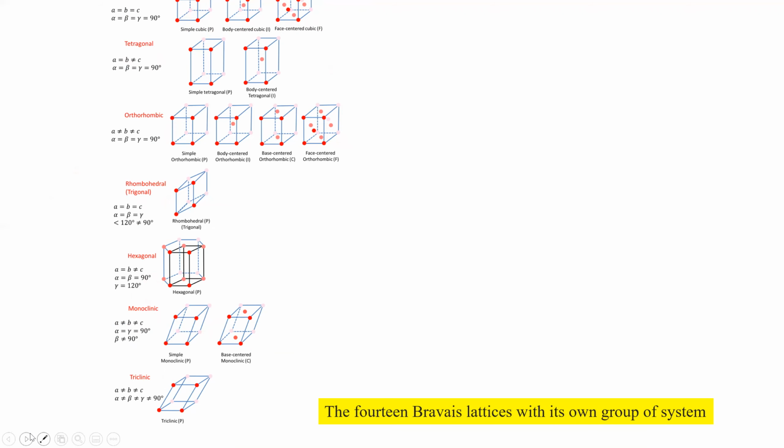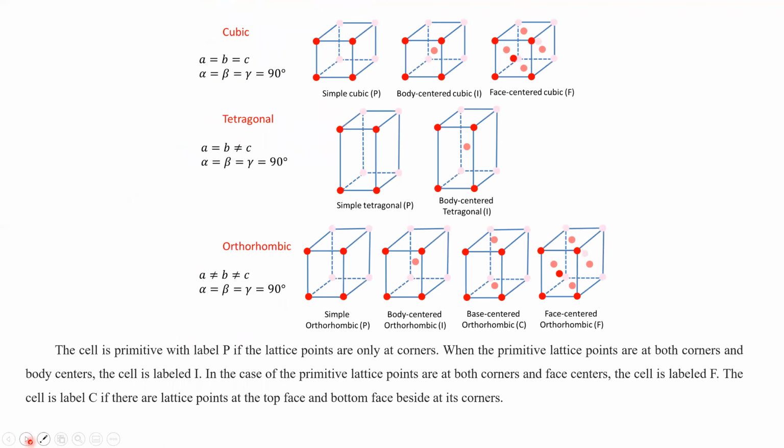Let me zoom in on the first 3 at the top. Again, here it is much clearer: cubic, tetragonal, orthorhombic. So P, when we have simple cubic, lattice points are only at corners.